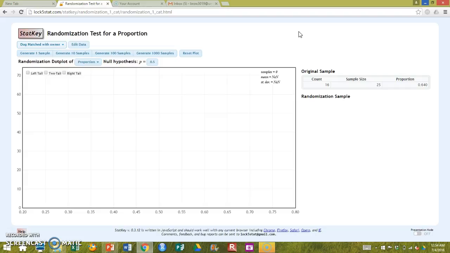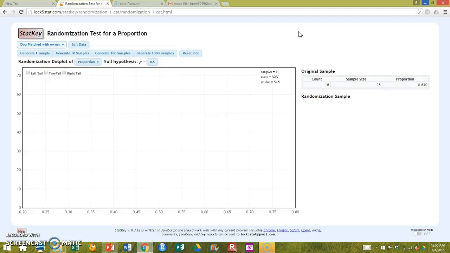But here's the logic, reiterating the key points from the book, of what the randomization test is doing. In the case of a proportion, the randomization test is basically going to give us our original sample back, in a bootstrapped-like fashion.